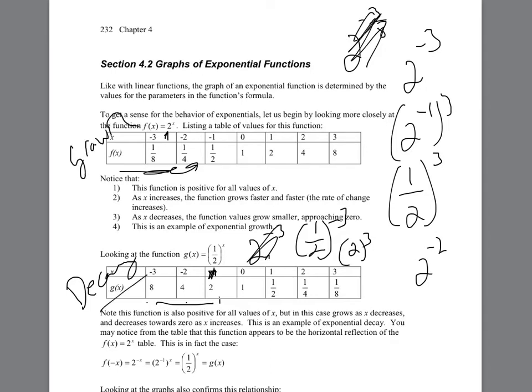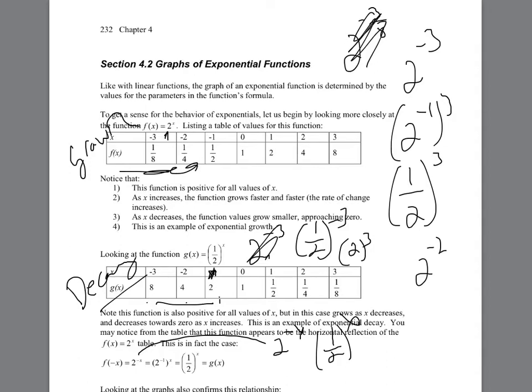So that's growth, and that's going to be a decay model. Now the other thing that will happen often is when the exponent is negative. When the exponent is negative and the base is a number bigger than 1, that's a decay model too, because you can flip it. 2 to the -x is the same as 1 over 2 to the positive x, right? So if the exponent is negative and the base is bigger than 1, it's still a decay model.